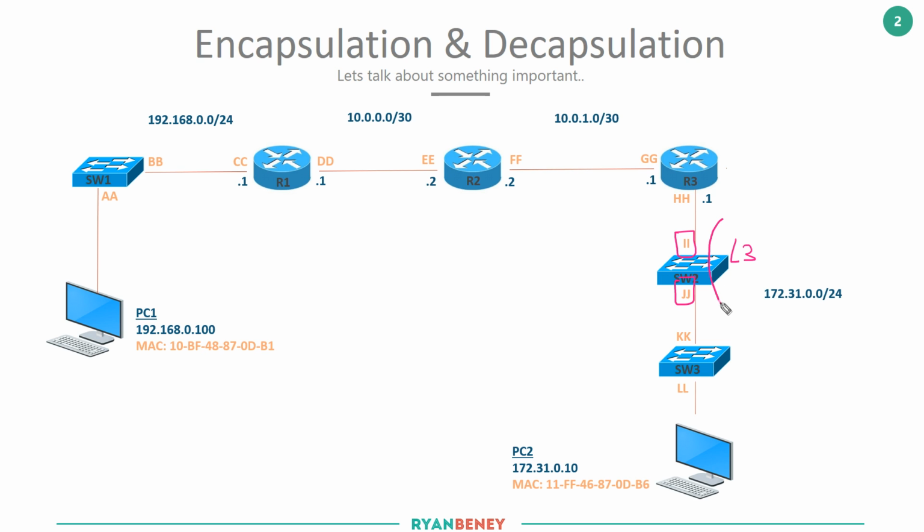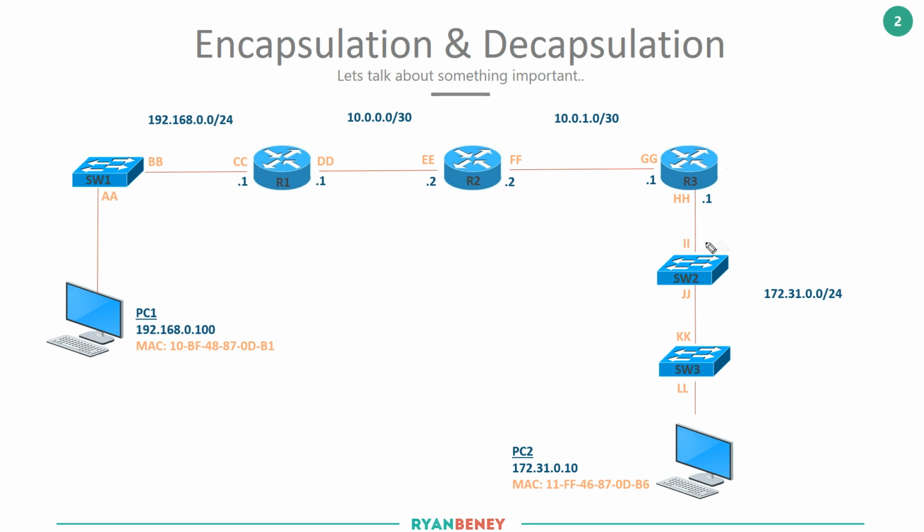If traffic is switching through the switch, like it is here between router 3 to PC2, what happens is it looks at that MAC address or CAM table. And remember, that associates MAC addresses it learned with ports it learnt it on.